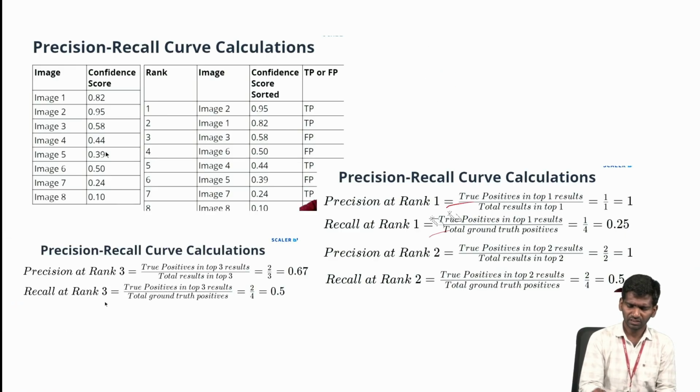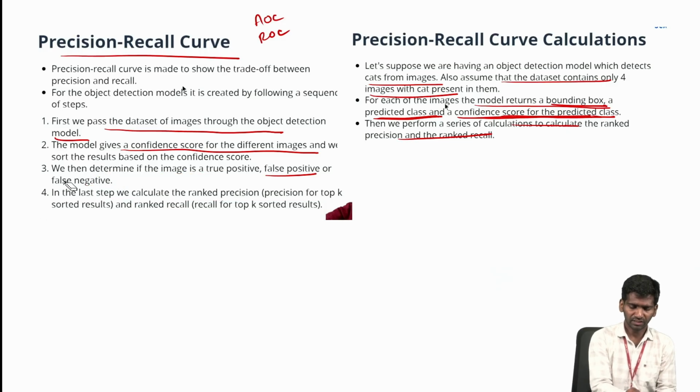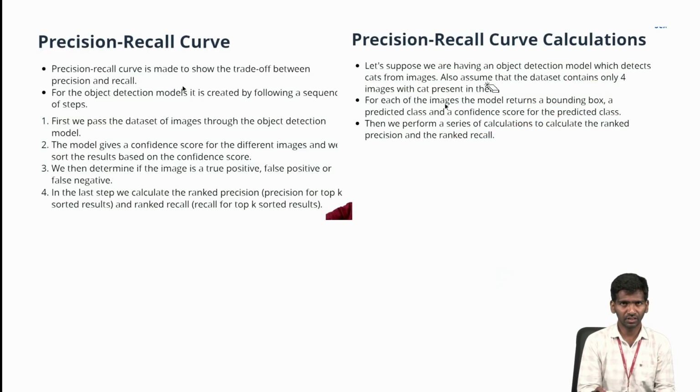That's it for today's session. I hope you understood a few concepts. You have understood the different convolutional neural network architectures like LeNet-5, AlexNet, VGGNet, ResNet, InceptionNet, GoogleNet, followed by object detection models, two-stage detector models and single-stage detector models.